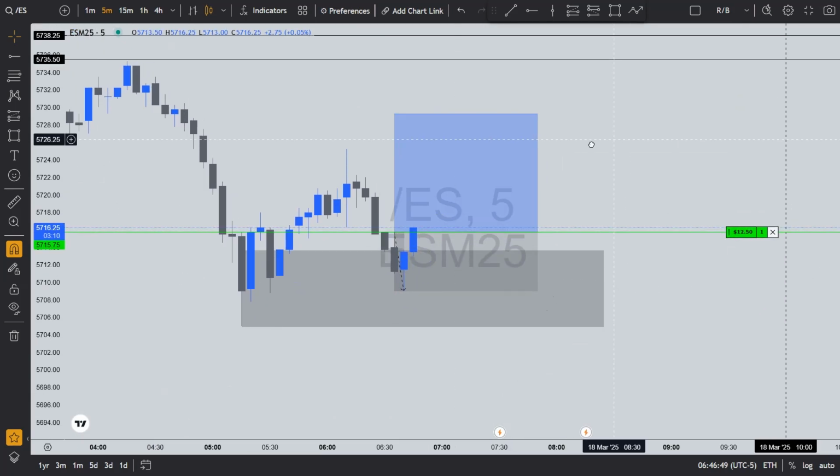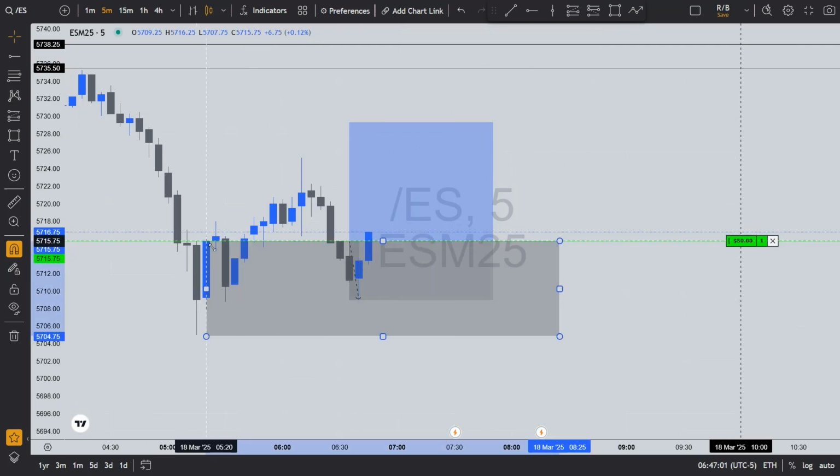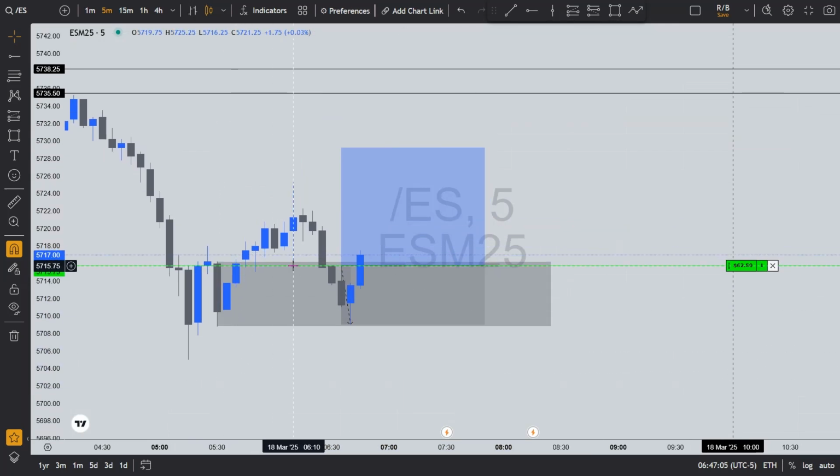All right, yeah. So we had price drop deep into this zone. I modified the zone just to make it more appealing to my eyes, but it dropped deep into the zone. The original zone was like this, and it dropped all the way down into it.